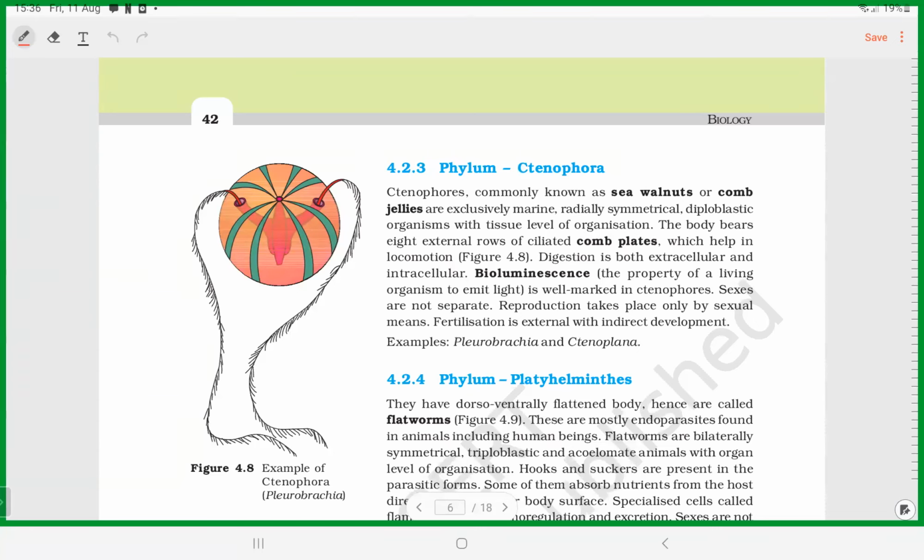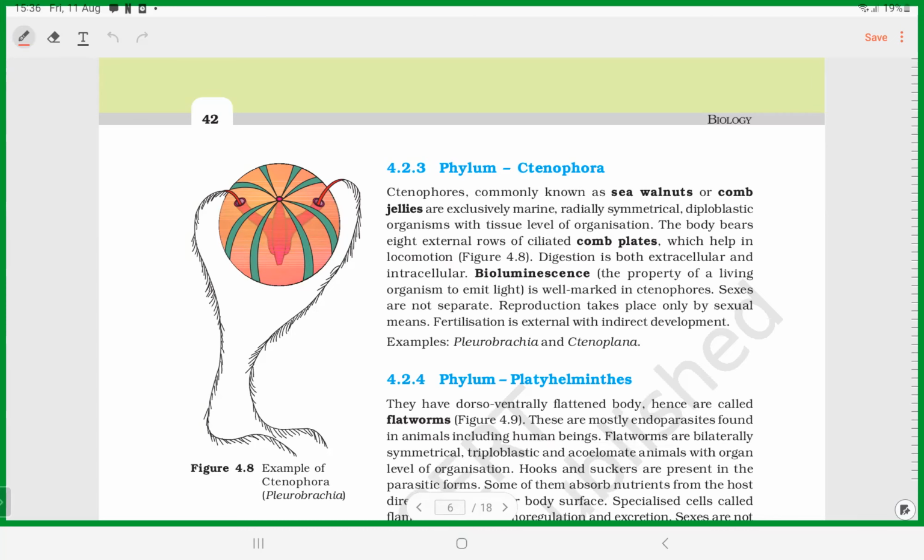So based on certain characters, the animals are classified. That's the first thing we discussed. And then we just started to explain the general characters of two phyla.